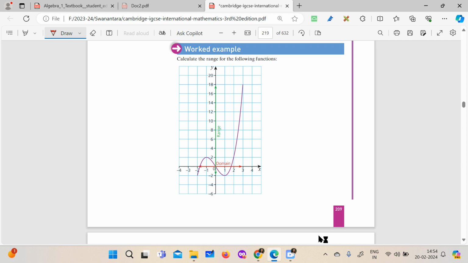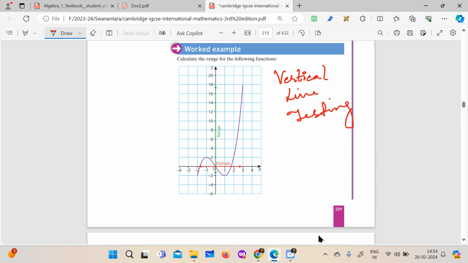Okay. Now, when you have a graph, we can have something called vertical line testing. Have you ever heard about vertical line testing? No. So vertical line testing is done to understand whether the given graph or given function is a function or not.